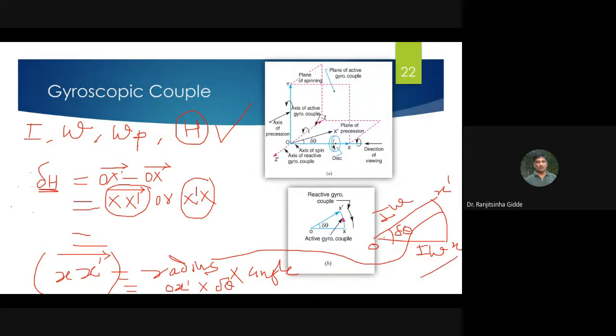What is that angle? It is delta theta. Radius into angle.